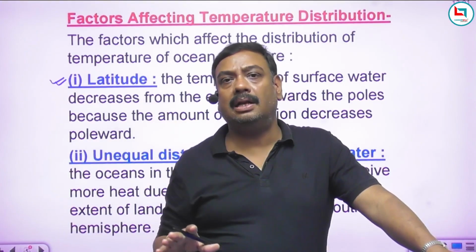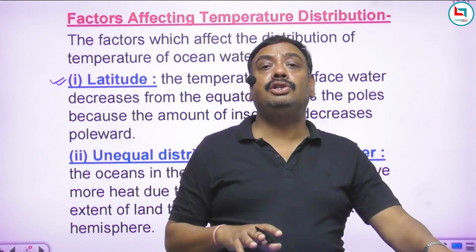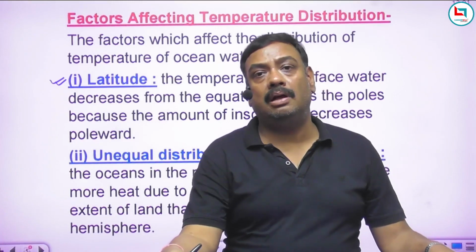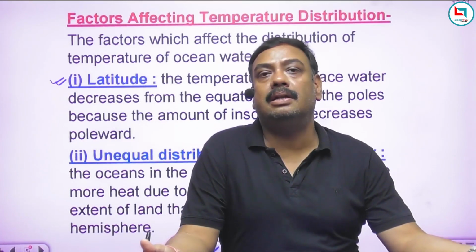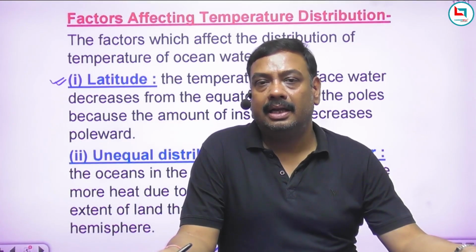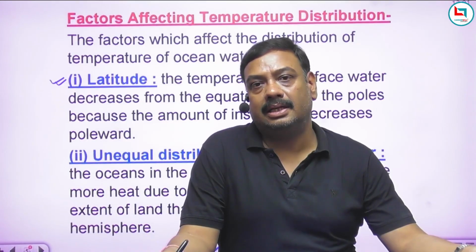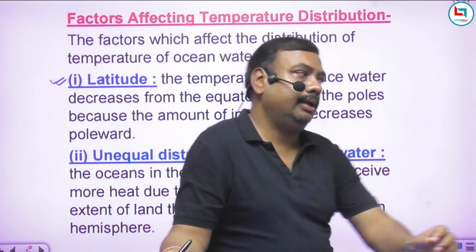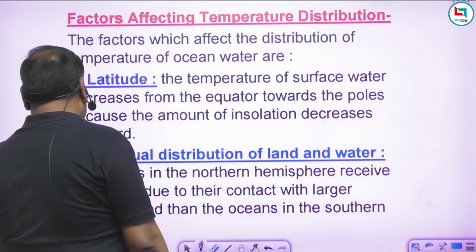It is the particular thing, and this is caused due to the unequal distribution of land and water. In that way, you can discuss these things. Okay. So this is the second point.